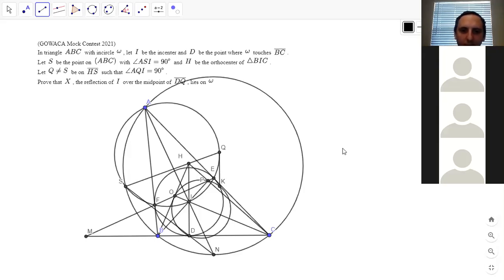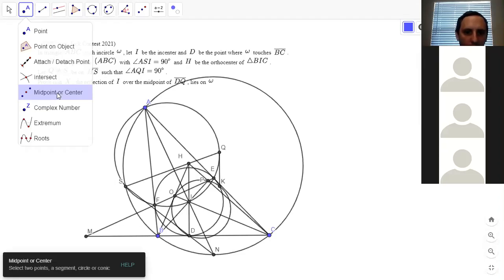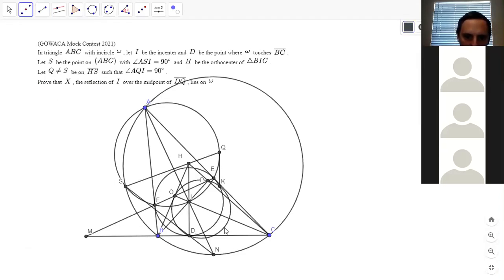We want to show that AQ is parallel to the Euler line. Really? Okay. So let me draw the center of that 9-point circle of BHC. Or I could just use the midpoint tool, actually. So if I draw the center of this, we want to show AQ is parallel to IR.